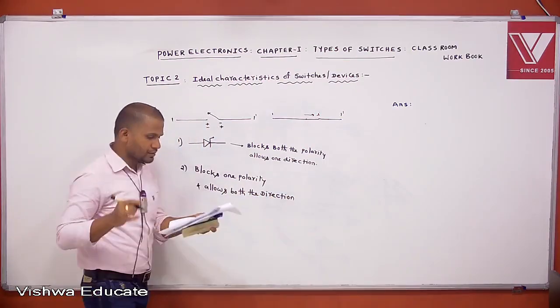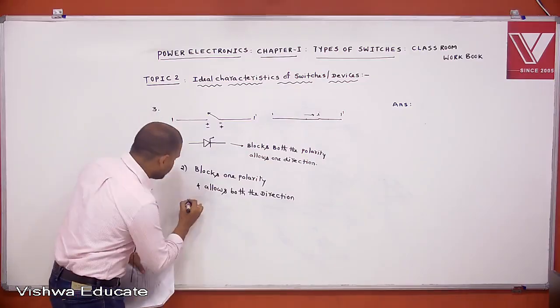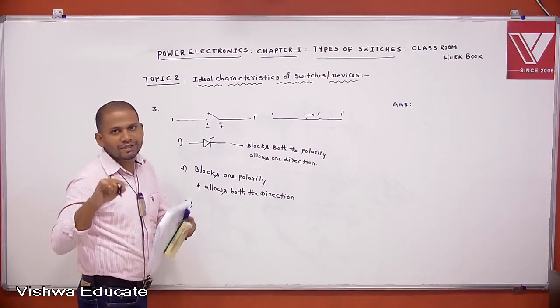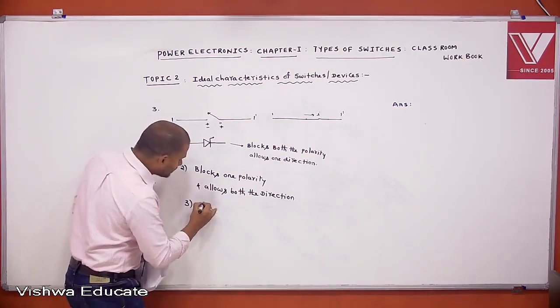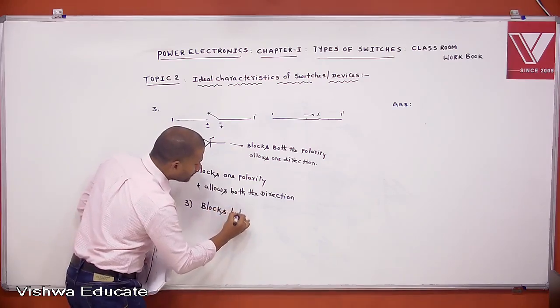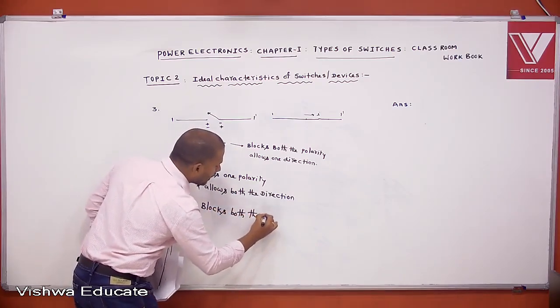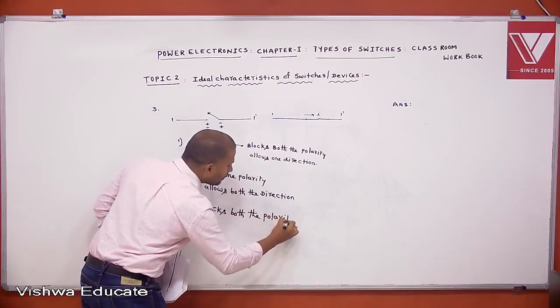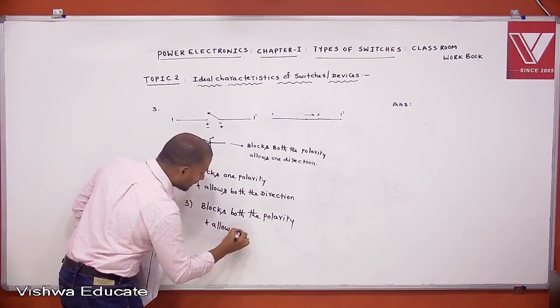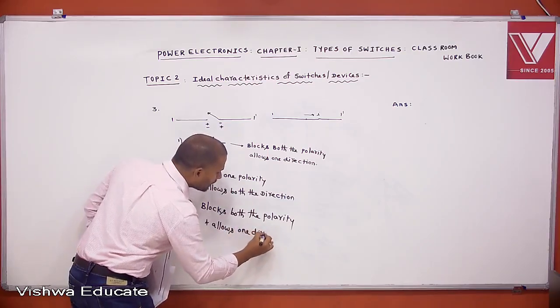See the third one. What is given? A transistor with series diode blocks both polarities and allows one direction.